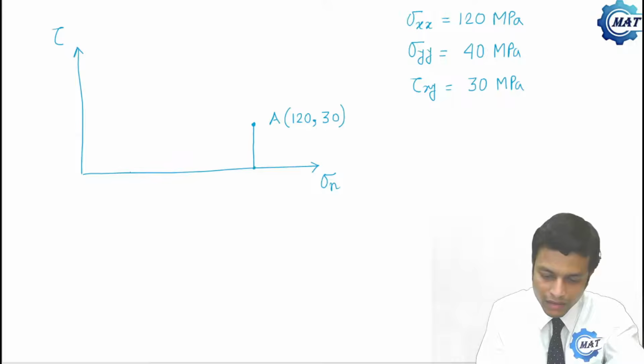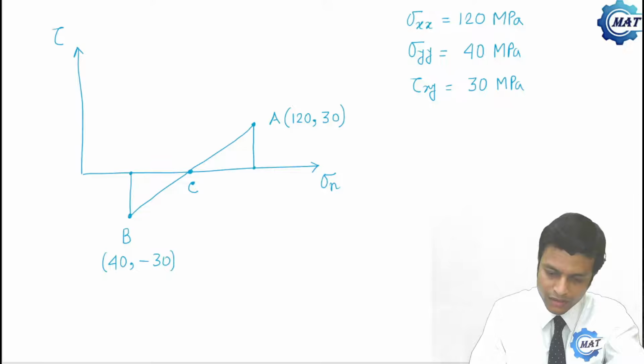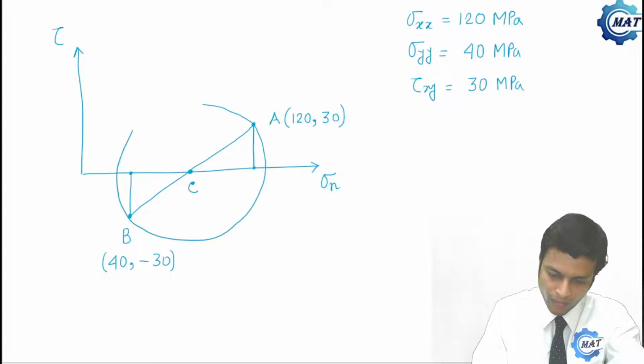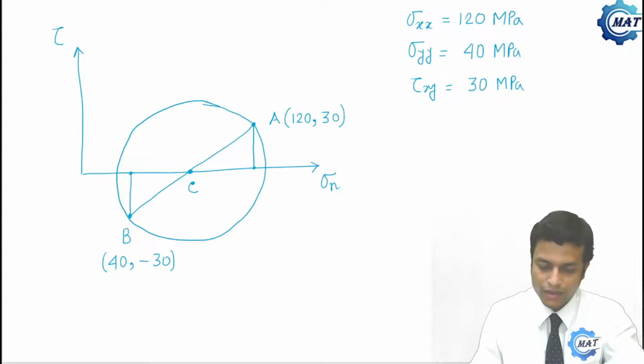So the coordinate of point B is 40 comma minus 30. Now join AB, and this is C. C is the center of the Mohr circle. Now draw the Mohr circle, center C and radius CA. So we have drawn the Mohr circle.